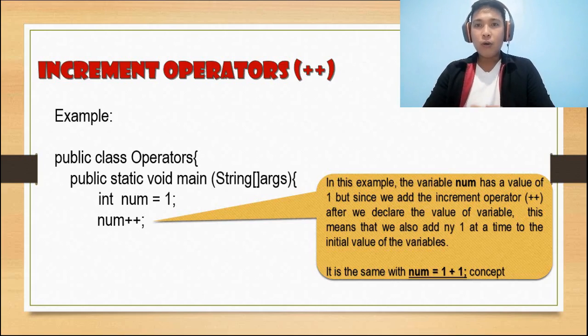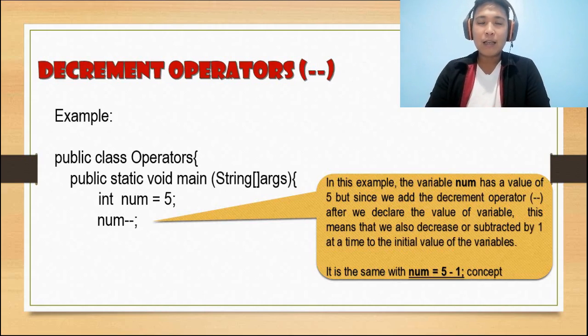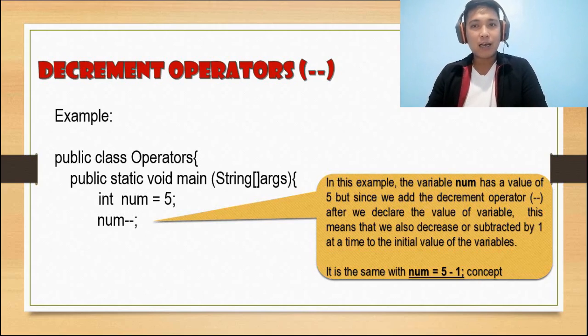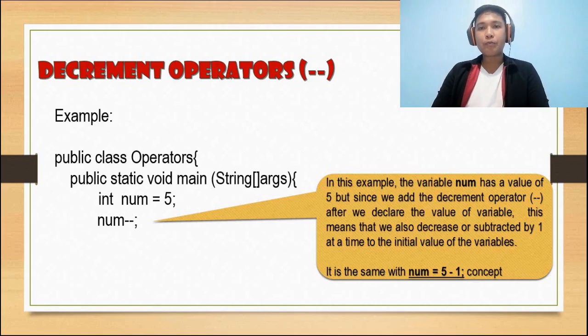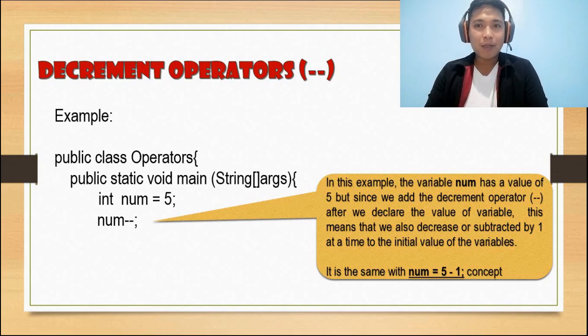Okay? So ano naman si decrement operator or the decremental? So vice versa siya ni incremental. From the term itself, decrement or decrease, meaning we are decreasing the initial value by 1 naman. Example, we have int num is equal to 5, and after the declaration of the variable, we use the decrement operator, which is num minus minus.